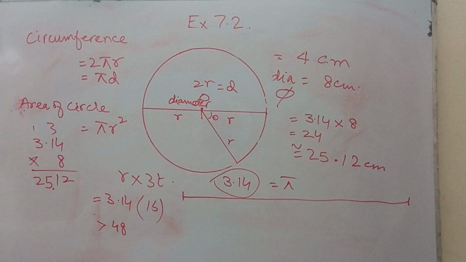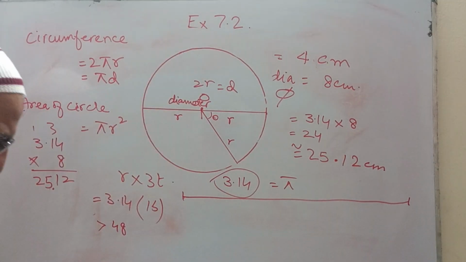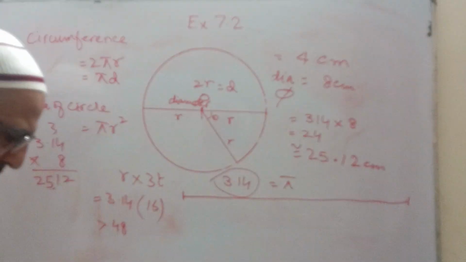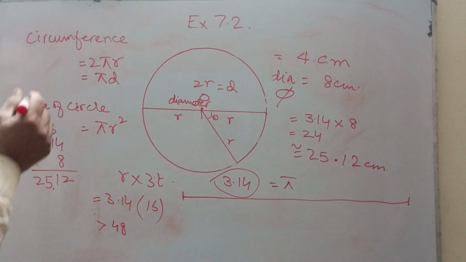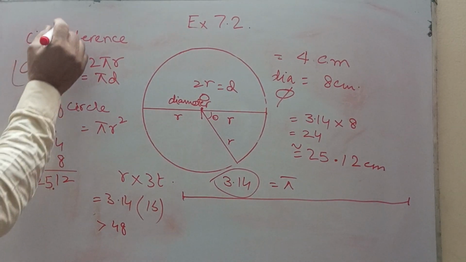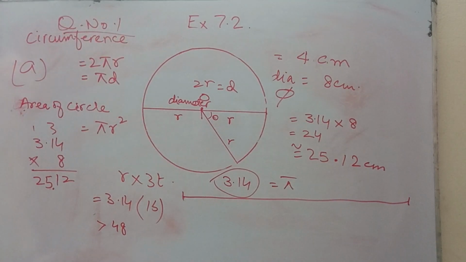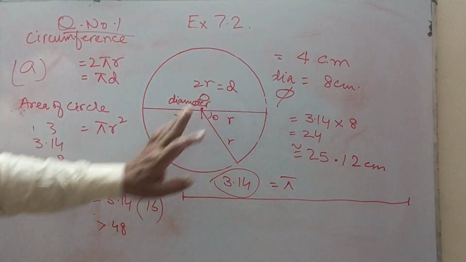So I'll now move straight towards the exercise, and the exercise is 7.2. I think I have already done question number 1, part A, with 4 centimeter radius.